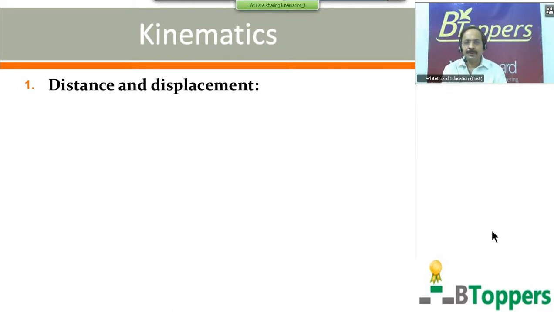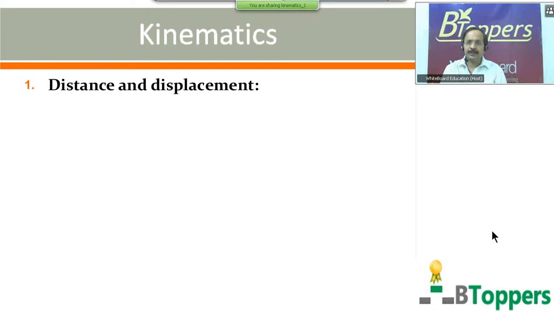So, distance and displacement. Coming to the first two terms, distance is a scalar quantity, displacement is a vector quantity. Suppose a particle is in motion for a certain interval of time, the distance covered by the particle is the actual length of the path along which the particle has traveled or moved, which is a scalar quantity.